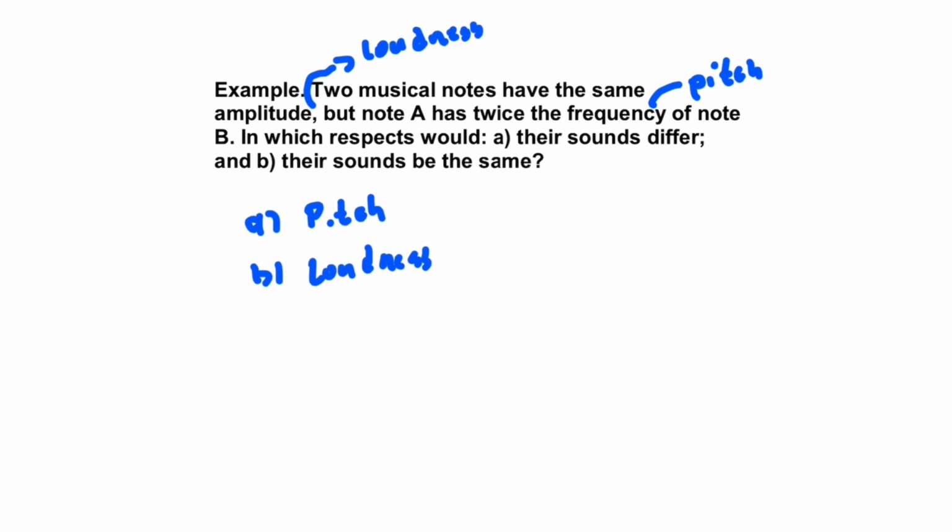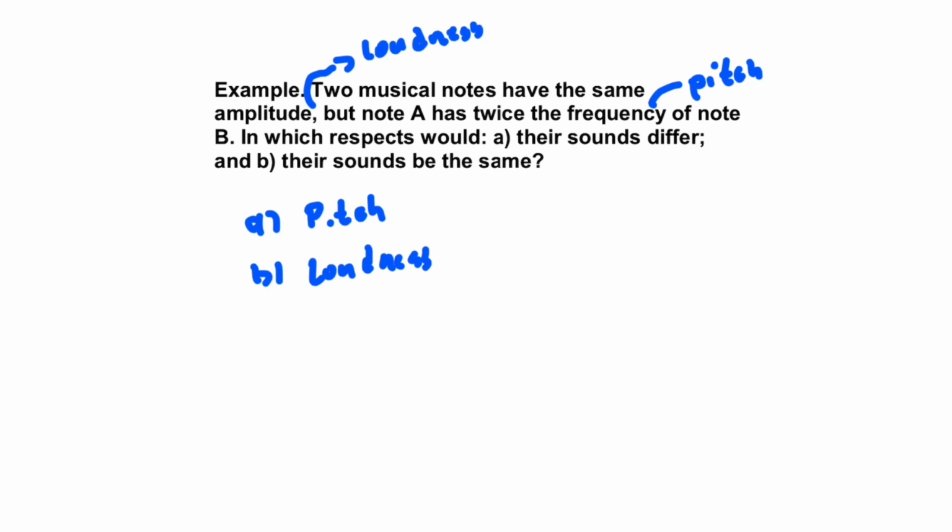So amplitude, loudness, frequency, pitch. This is a type of question you would usually expect in a multiple choice. So let's make sure that we familiarize ourselves with the characteristics of sound waves: pitch, loudness, and tone.